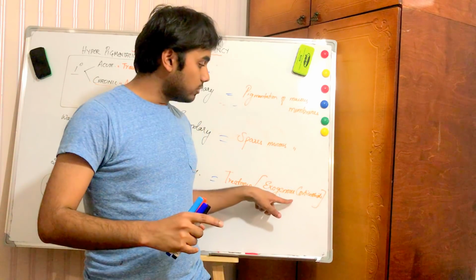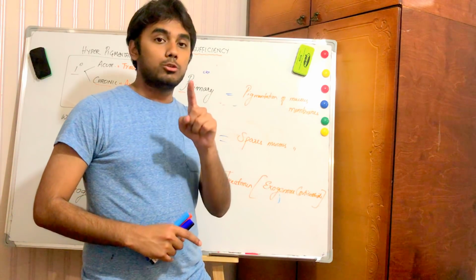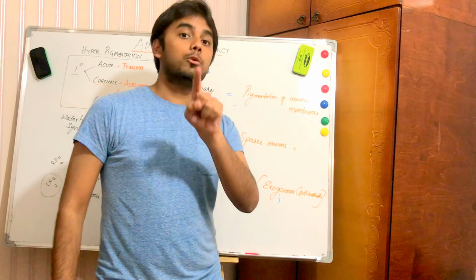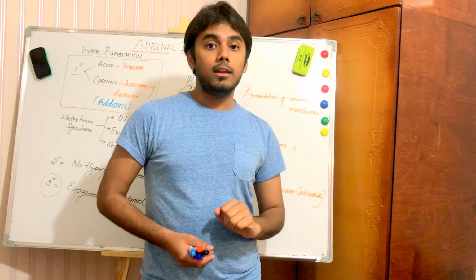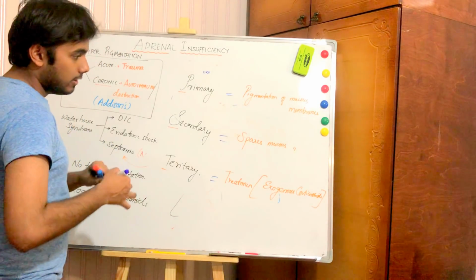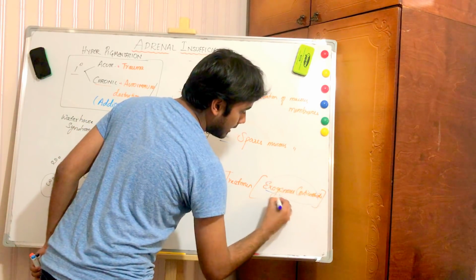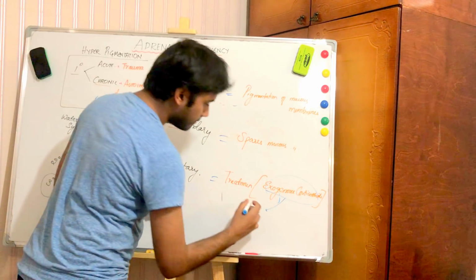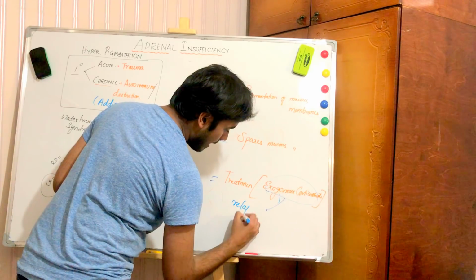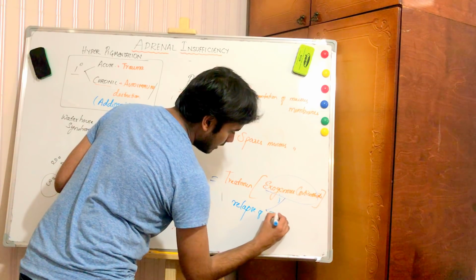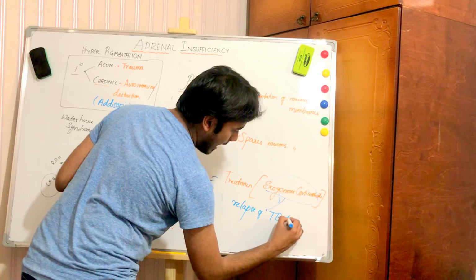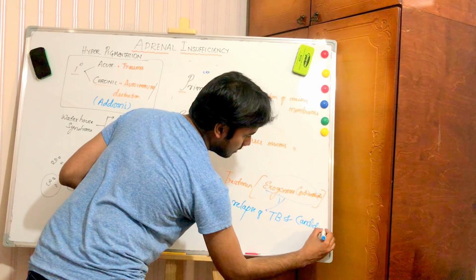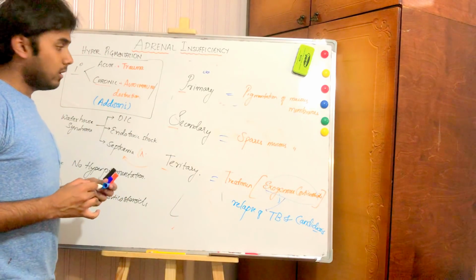So before giving exogenous corticosteroids, you need to make sure that the patient had no past history of tuberculosis and no past history of any candidal infections, right? So exogenous corticosteroids can cause relapse of TB and candidiasis, right?